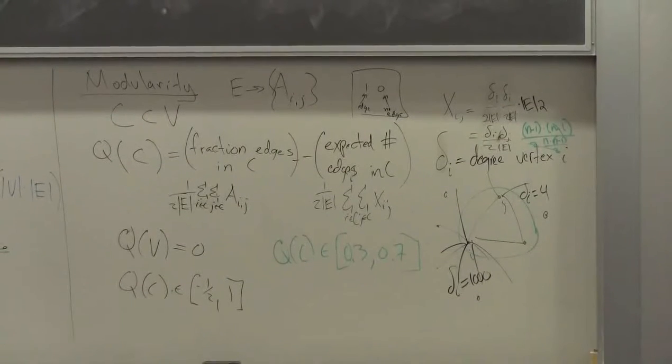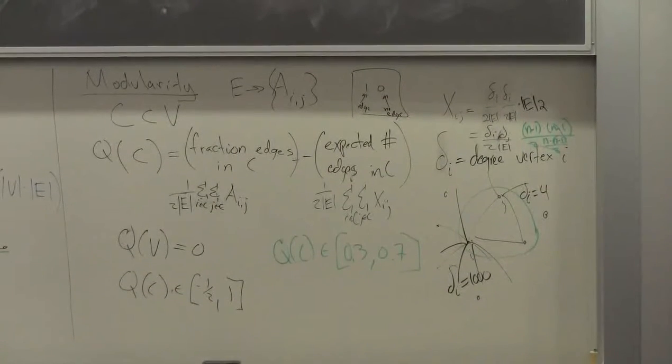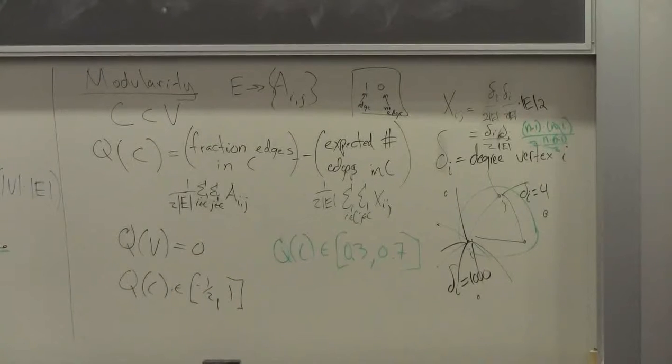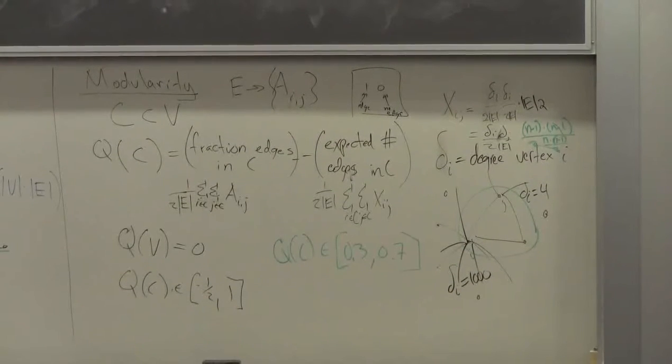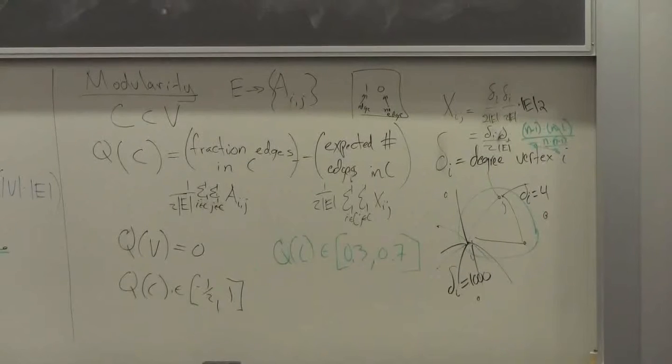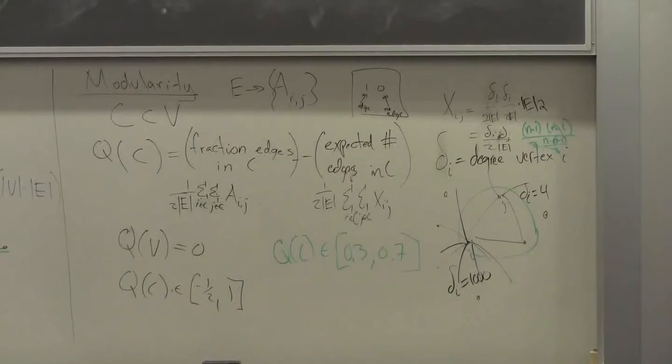So this is some partition of all the vertices, and then you want to find this P such that the modularity of P, which is going to be the sum over i of the modularity of Ci, is as large as possible. So you want to find this partition into these communities. And so you can pose it like this, and now this is an optimization problem you can solve.